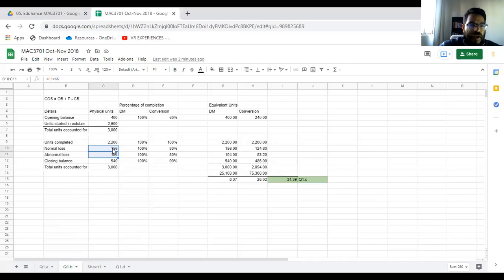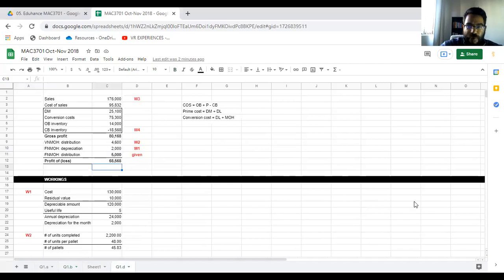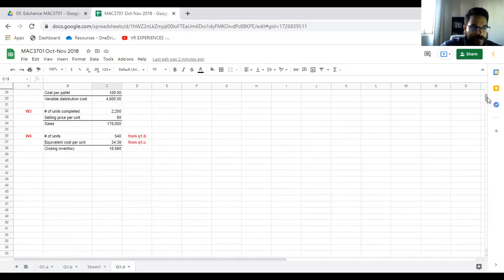So here we have our broken biscuits, which is normal and abnormal. So working 5, our broken biscuits is our normal loss units and our abnormal loss units.